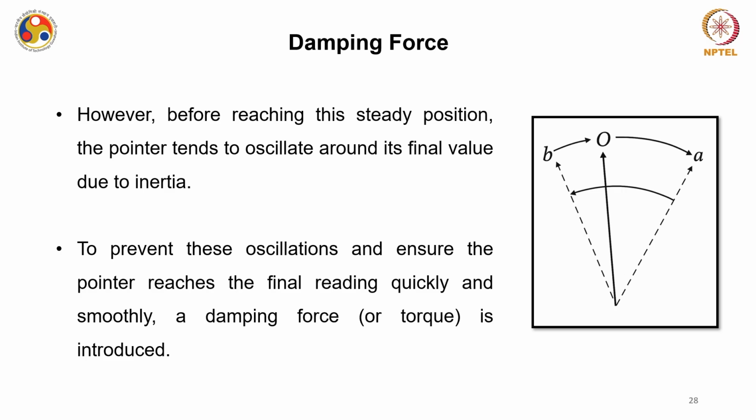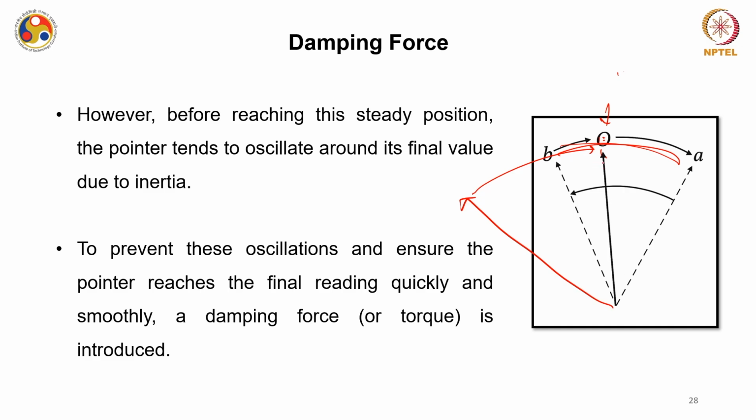However, before reaching this steady position, the pointer tends to oscillate around its final value. Say if this is the pointer, and this is the final position O, initially it was here, and it reaches position O. Now at this position O it should stop, but usually it will oscillate between points A and B. So to prevent these oscillations and ensure the pointer reaches the final reading quickly and smoothly, a damping torque is introduced.